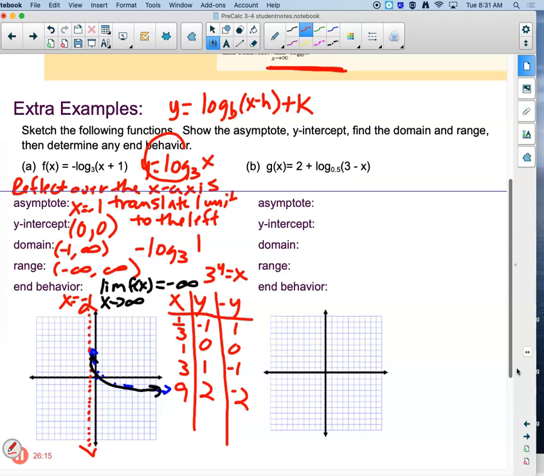Because typically we have our little a in the front, and then we have logarithm base b of the quantity x minus h plus k. So that 2 is not in the right place. And I'm going to rewrite logarithm base 0.5 as logarithm base 1/2.